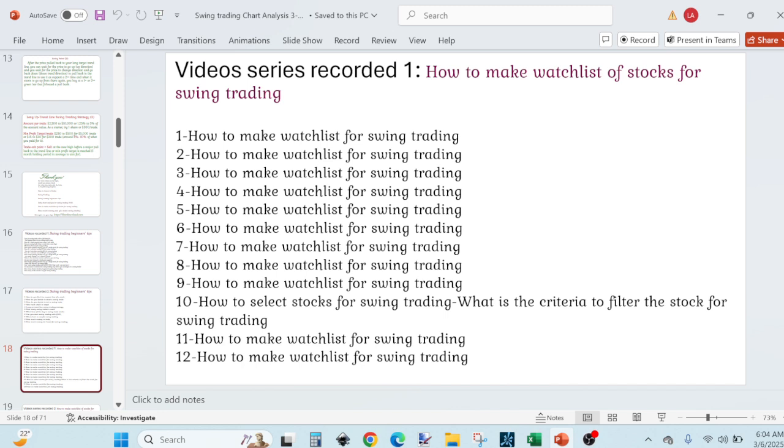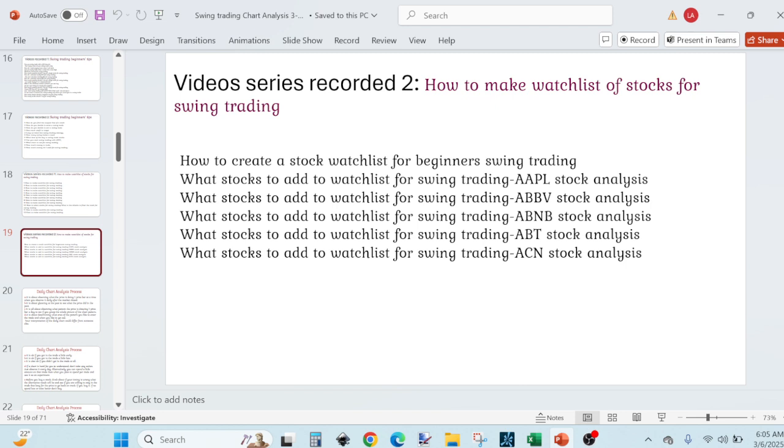We have a series going on for watch lists as well, and we are almost done publishing from this list. We have another one that we started recording, to go through the whole process of how you filter a stock. If you come across a stock and you wonder if you should add it to your watch list or not, how should you filter it to see if it's good enough?